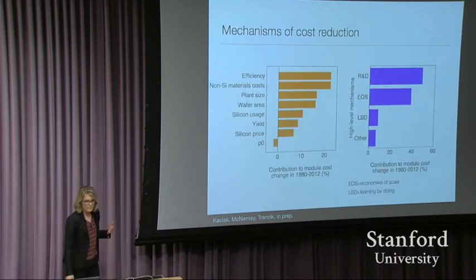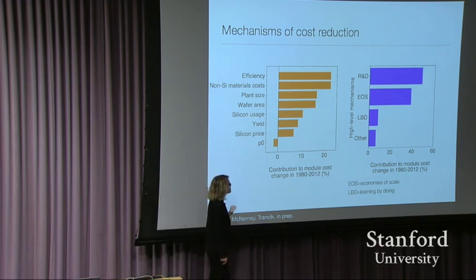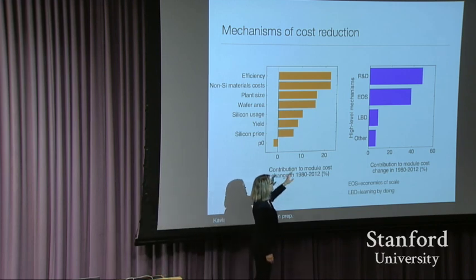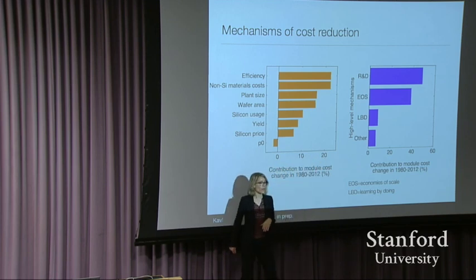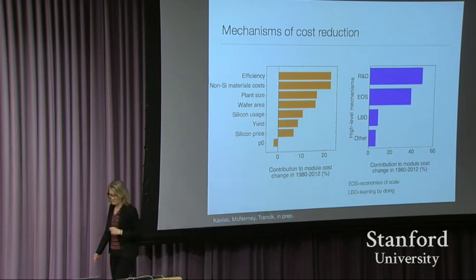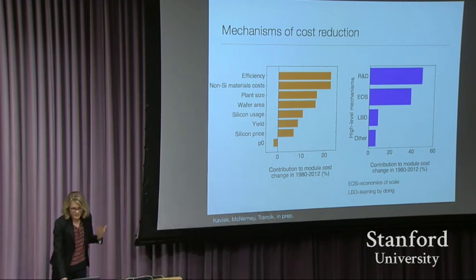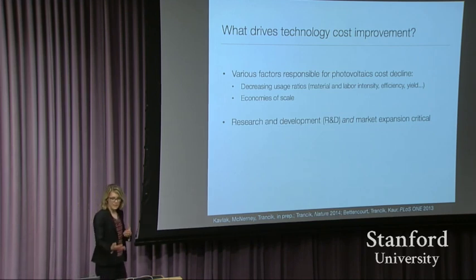And so the results are shown here, and this is from the period 1980 to 2012. And you can see that R&D has been quite important, economies of scale as well, learning by doing a little bit less so.